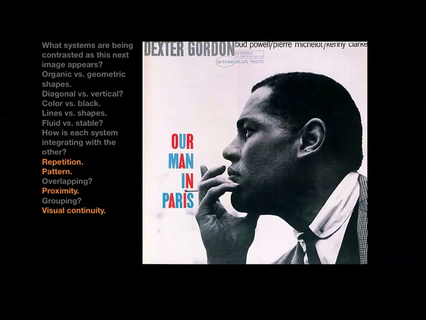Repetition for sure. We see that this typeface repeats down over here as well. In fact, the lighter weighted typeface over here is the same family as this font. There's repetition. This image is largely grayscale. It is grayscale. And the typography here is gray and black.